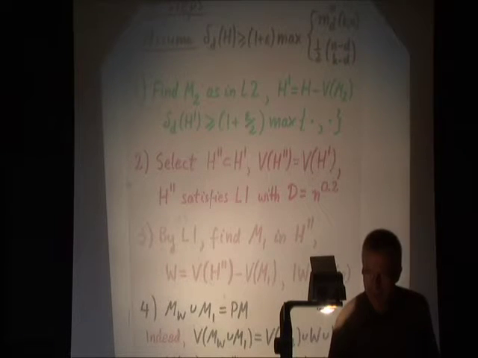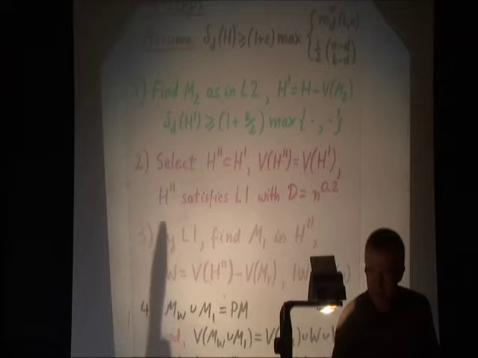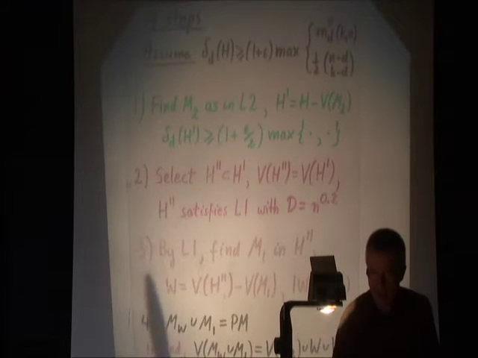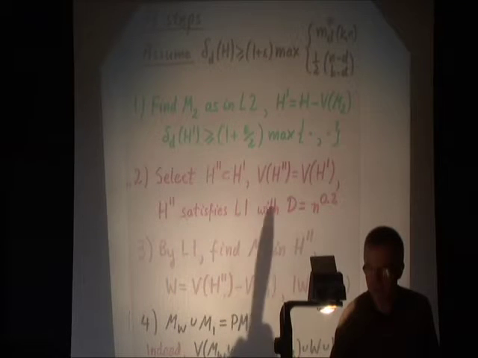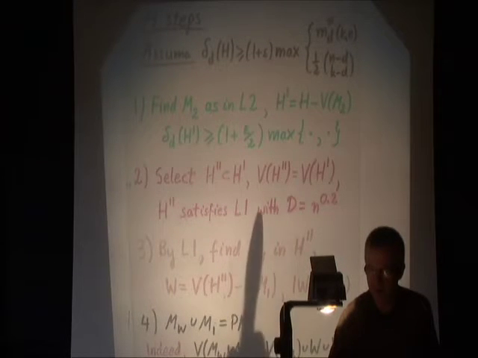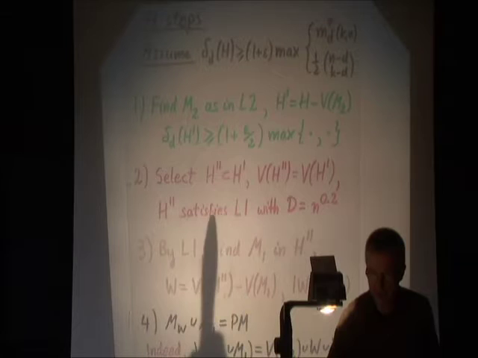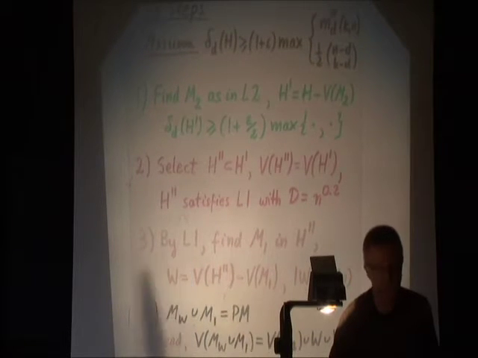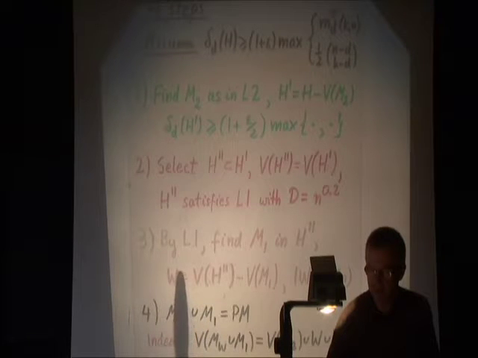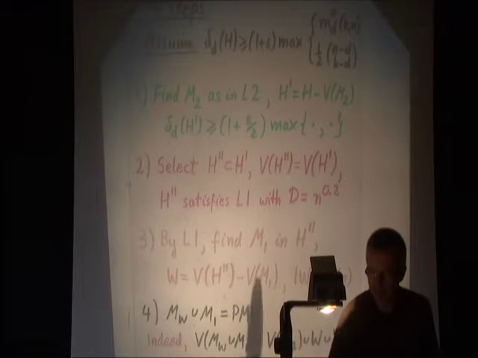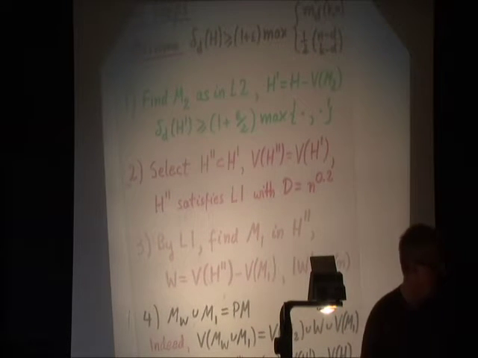Okay. So the 4 steps once again. We find this magical matching, put it aside, find a spanning sub-hypergraph of the rest, which satisfies the assumptions of this Frankl-Rödl lemma with some d. Then by that lemma, find an almost perfect matching, using the fact that the minimum degree is big.